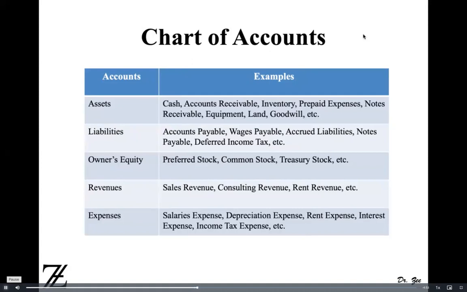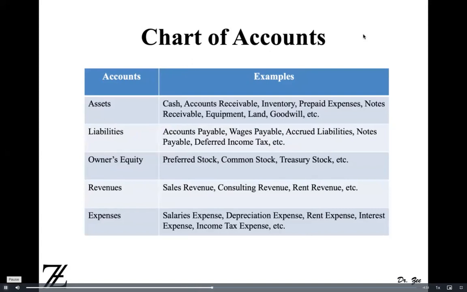The examples of liabilities accounts are, as I said earlier, they mostly have payable in front of them: accounts payable, wages payable, accrued liabilities, notes payable, deferred income tax, also unearned revenue. The examples of owner's equity include preferred stock, common stock, treasury stock, and so on.